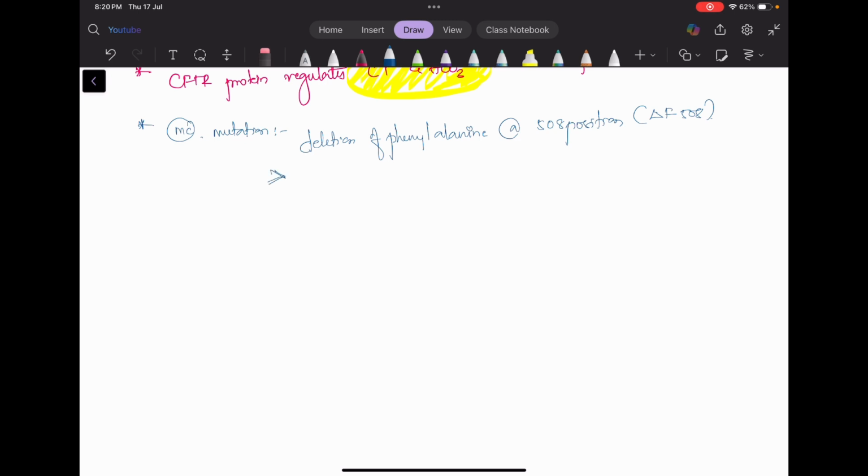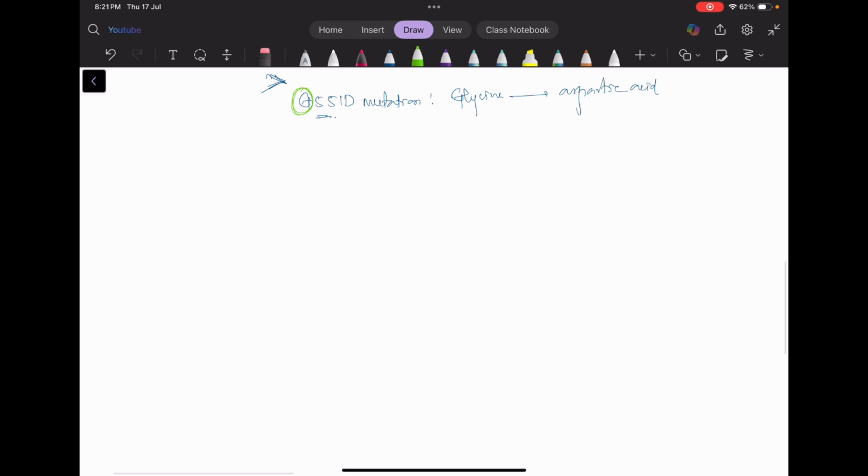That is the most common. Next to that we have the G551D mutation. Here glycine is replaced by aspartic acid at the 551 location. So remember, G is glycine. Okay, fine.